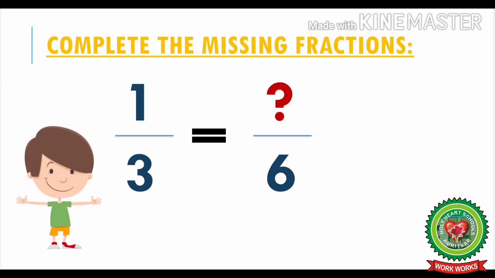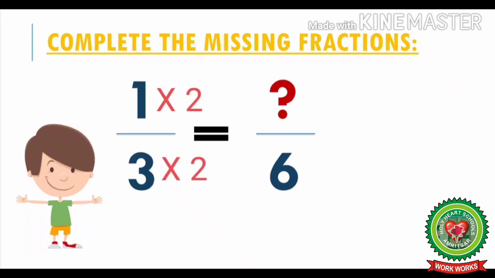1 upon 3 is equal to dash upon 6. Now, the numerator of the second fraction is missing. Look at the denominator. How much shall we multiply with 3 to get 6? We know that 3 twos are 6.